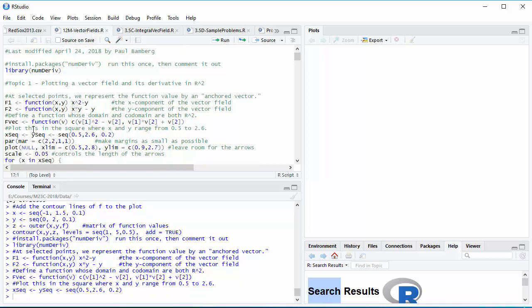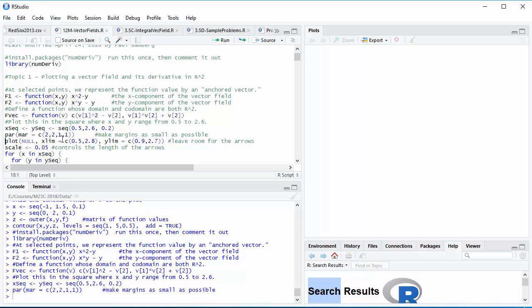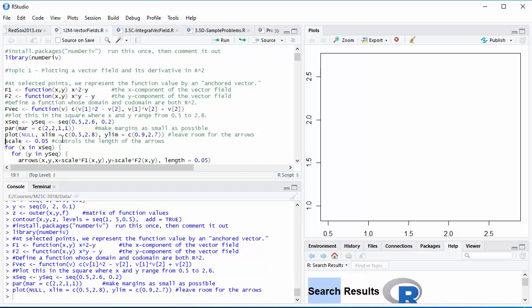I'm setting up for a plot. Something that I haven't been doing earlier in the course that I probably should have is to make the margins as small as possible. I've left on the left-hand side and the top enough space to plot numerical values, but otherwise I'm using all my space, as you can see over on the right.